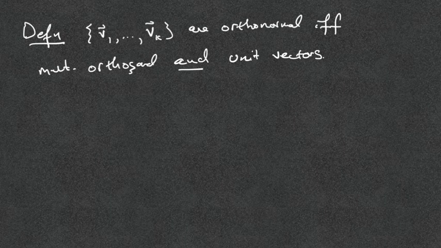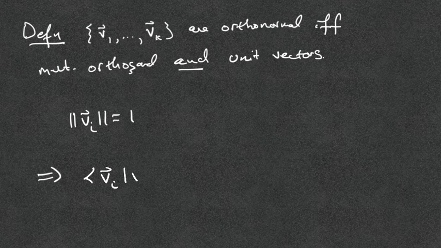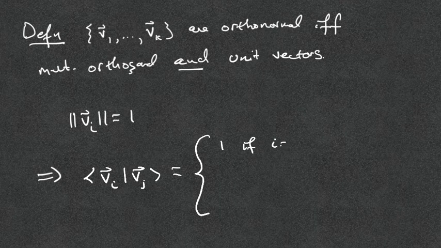That is to say that the length of each one of those vectors is going to be 1. And so these vectors have the property that if we do the inner product of any two of them, so the inner product of v sub i and v sub j, we get something that looks like 1 if i is equal to j, and 0 if i is not equal to j.